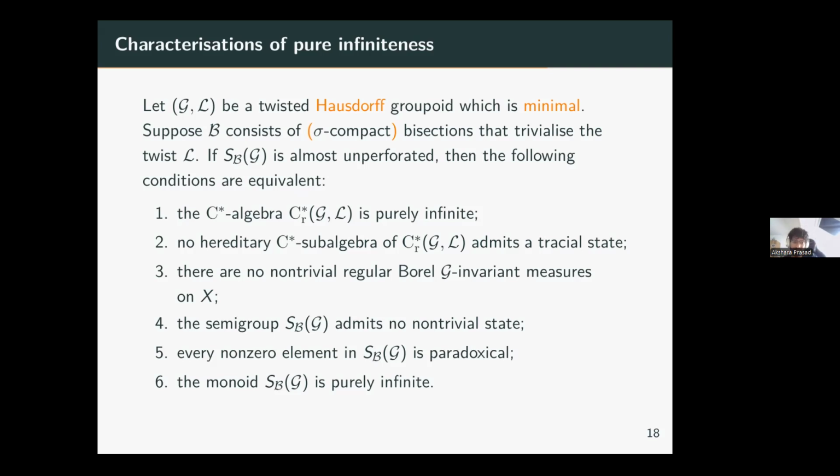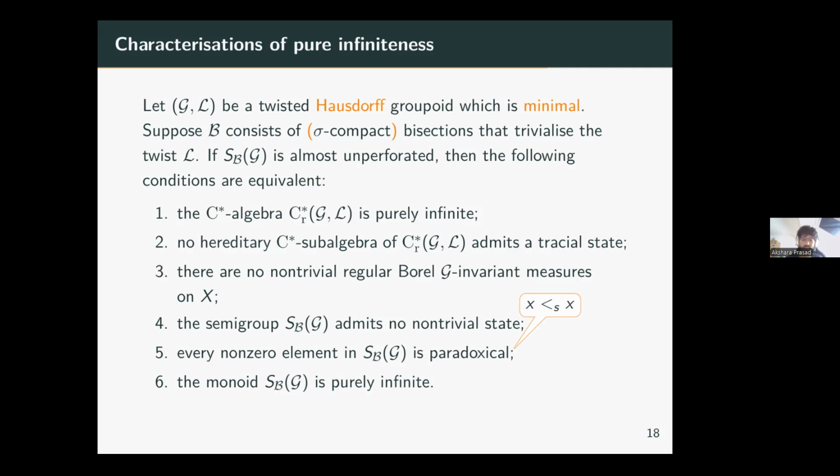And this is equivalent to saying that the type semigroup S_B(G) admits no non-trivial state, which is also the same as saying every non-zero element in the type semigroup is paradoxical. And what does paradoxical mean? It means that an element X is paradoxical if it stably dominates itself. That means there exists some natural number n such that n plus 1 copies of X is still dominated by n copies of X. And this is the same as saying the monoid S_B(G) is purely infinite.